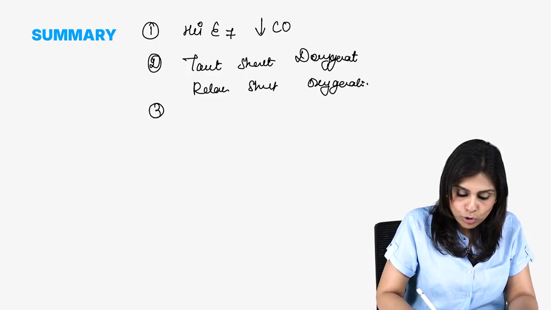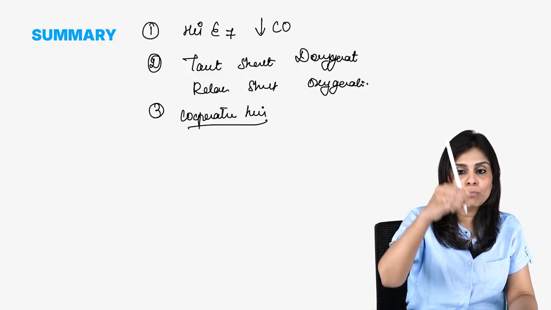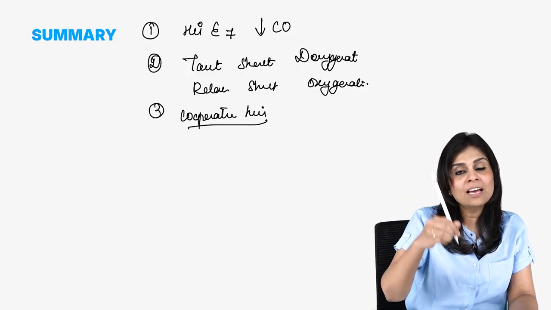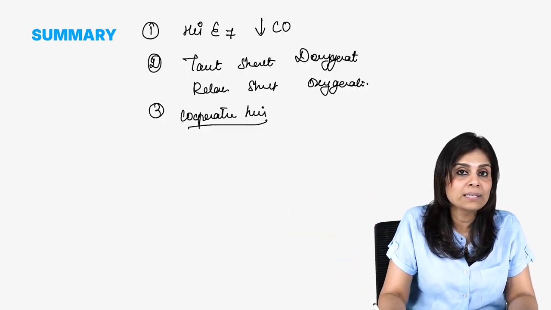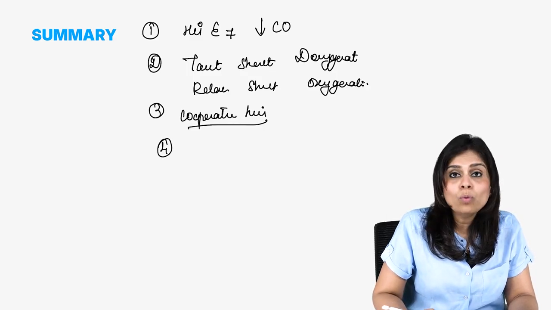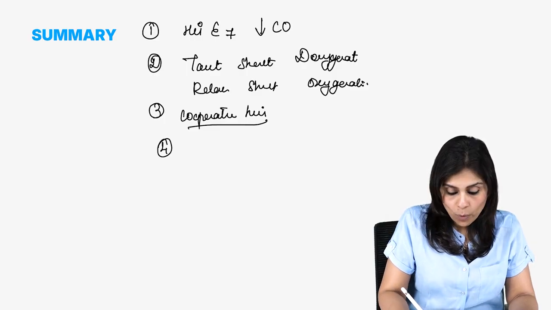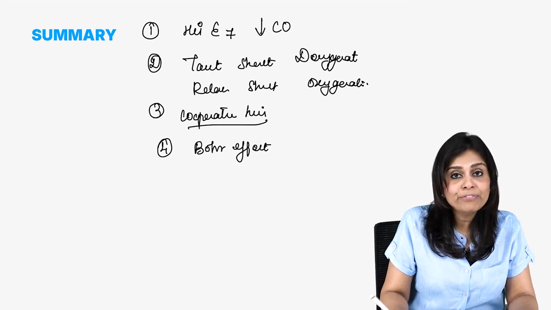Then I told you about cooperative binding. What is cooperative binding? Binding of one oxygen molecule to one Fe2+ favors binding of another oxygen molecule to the next Fe2+. That's called cooperative binding. Then we learnt about what happens at the tissue site, wherein I told you about the Bohr effect. What is the Bohr effect?